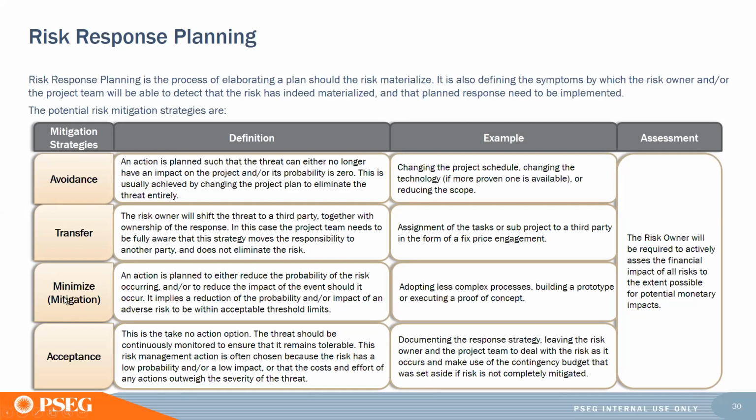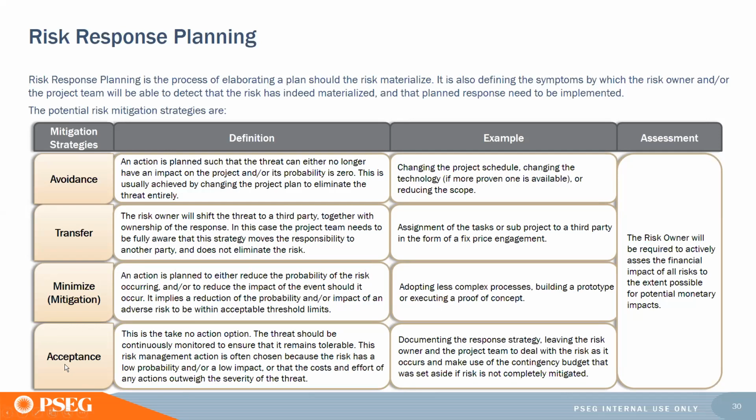You can minimize the risk. An action is planned to reduce the probability of the risk occurring or reduce the impact of the risk should it arise. An example is that you adopt less complex processes, build a prototype, or execute a proof of concept. The final strategy is to simply accept the risk.